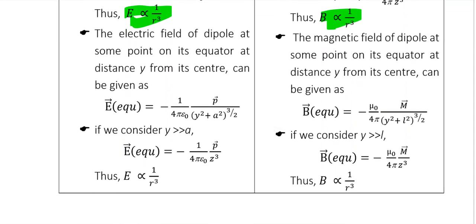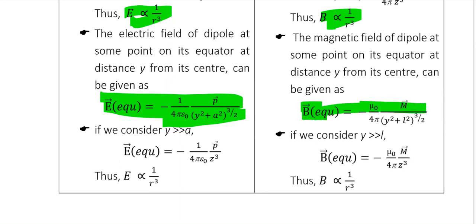And a very similar thing we have in the equatorial field also. See, the equatorial field of an electric dipole can be given as P upon y square plus a square raised to 3 by 2, with the constant term. And very similarly, we have the magnetic field at some point on its equator.